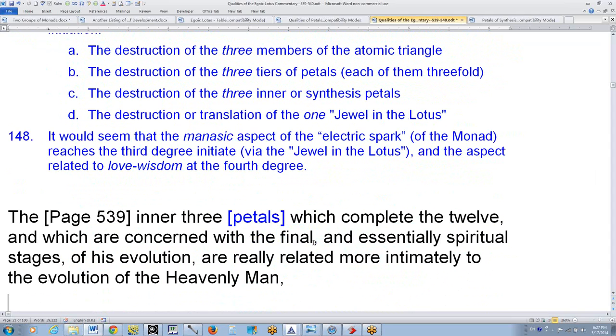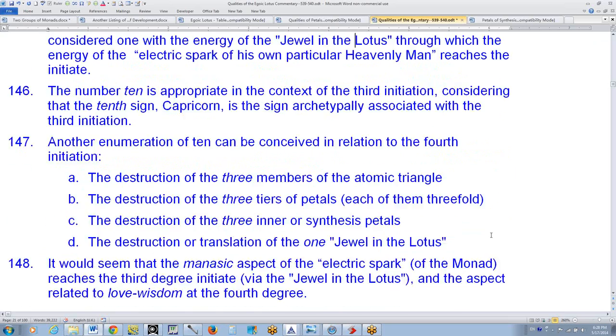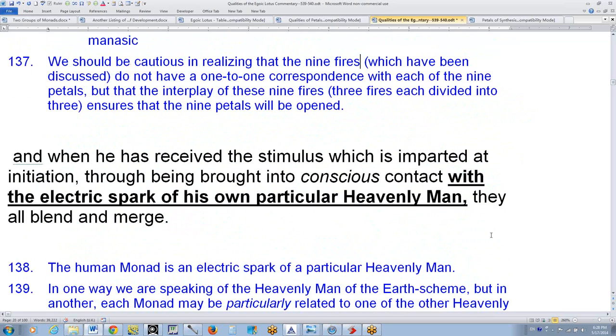And the inner 3 petals, which complete the 12 and which are concerned with the final and essentially spiritual stages, notice how we've moved out of the Brahmic aspect, are really related more intimately to the evolution of the heavenly man. Well, he's already receiving the essential spark of his own particular heavenly man.